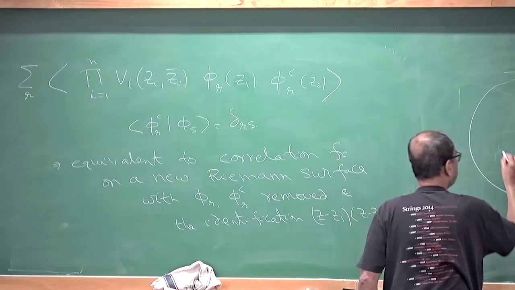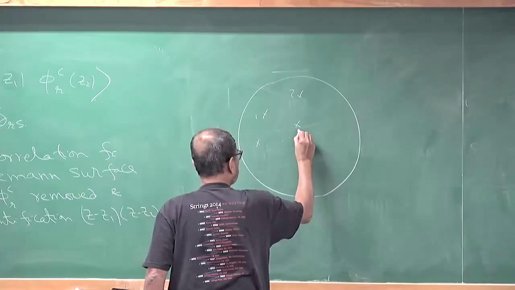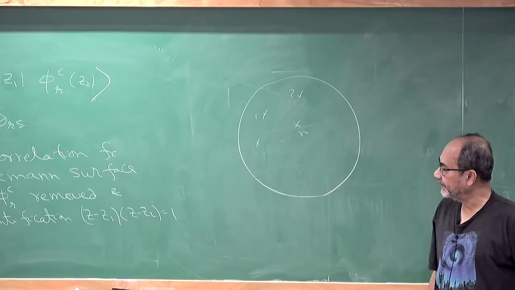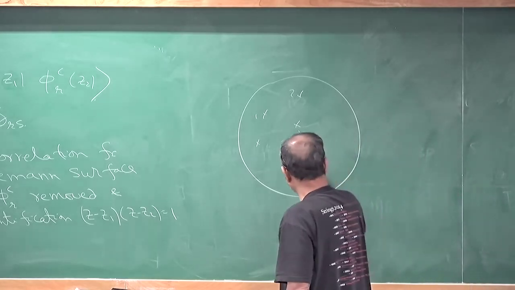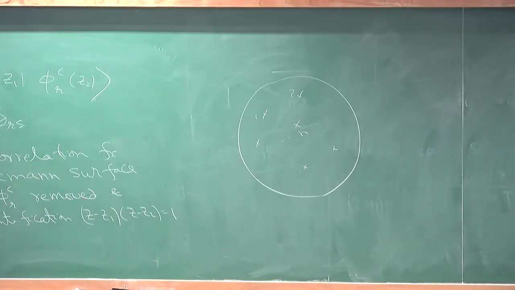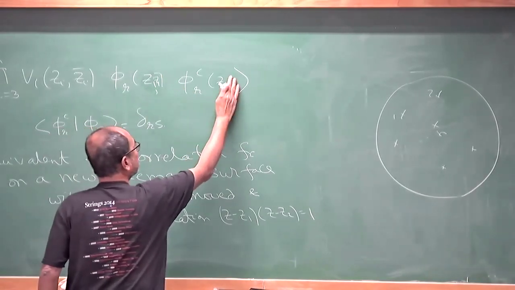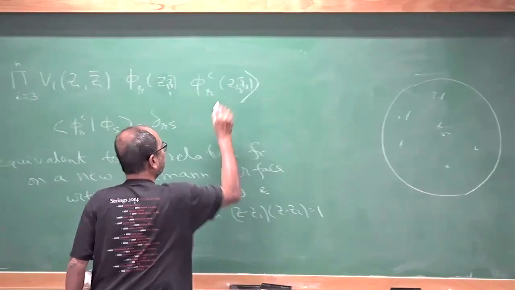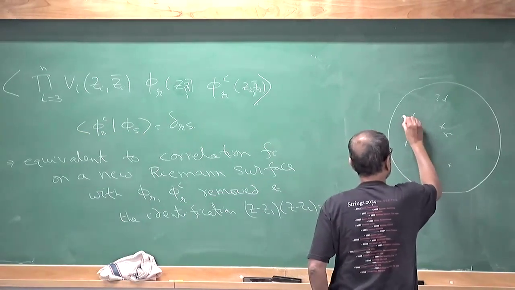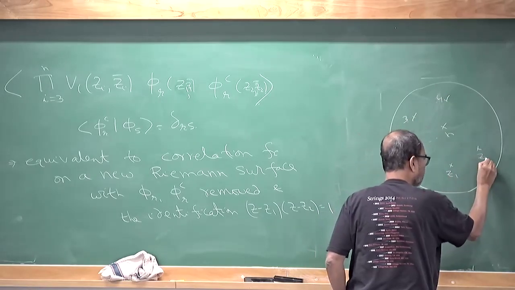You can take it to be a big sphere with some vertex operators 1, 2 up to n sprinkled all over. Then let me call these 3 to n, so that there is no confusion between these. These are 1 and 2. So you take 3, 4 to n, and here you have Z1 and Z2.